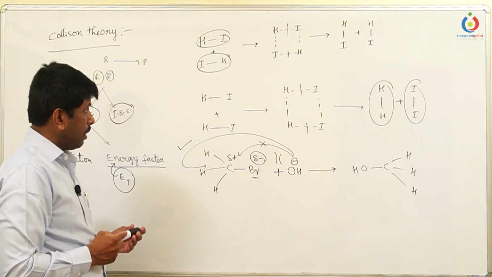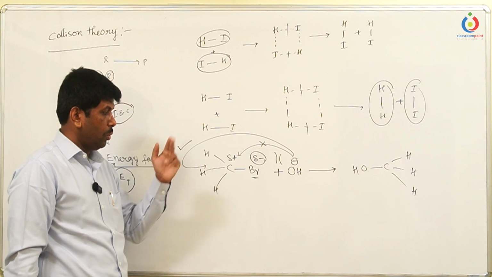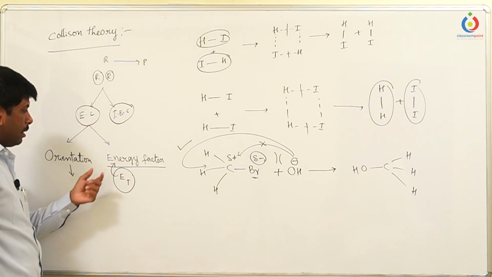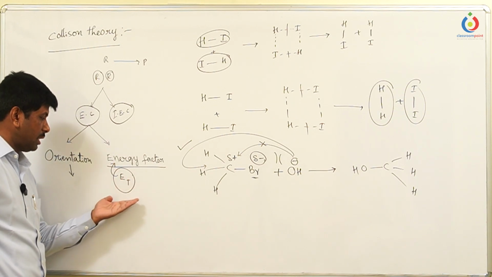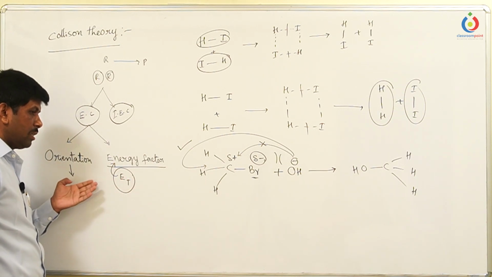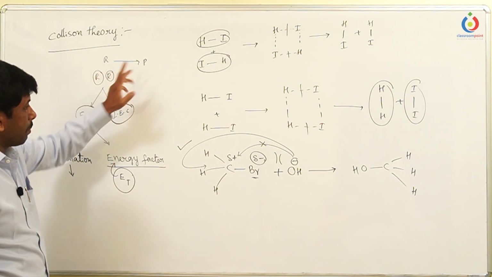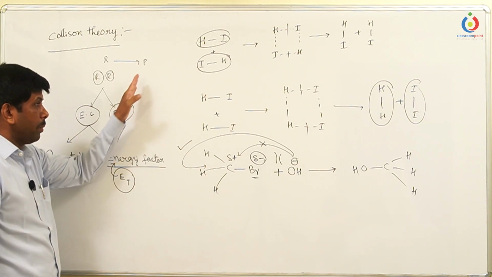So here, to develop the products from the reactant molecules, we need two things: both the energy factor as well as orientation. If the reactant molecules have both a sufficient amount of energy and a proper orientation, only in that condition do those collisions lead to the formation of the product. Lack of either of these does not give the product.